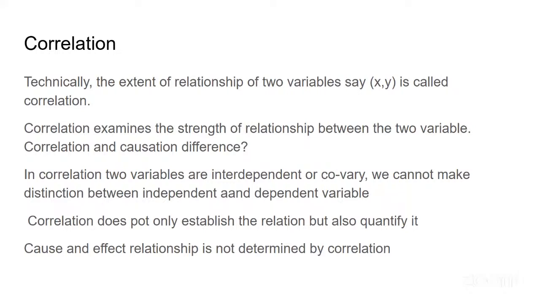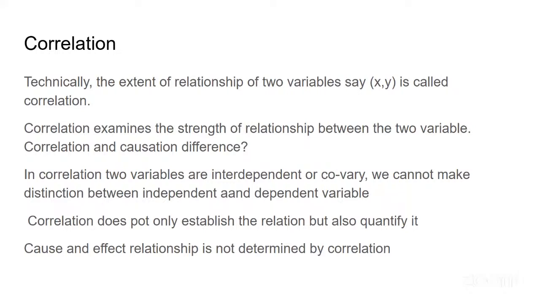So in correlation also we have various methods and techniques where we study how variables are related to each other. But the only problem is that it establishes a relationship and quantifies it, but not for qualitative data.